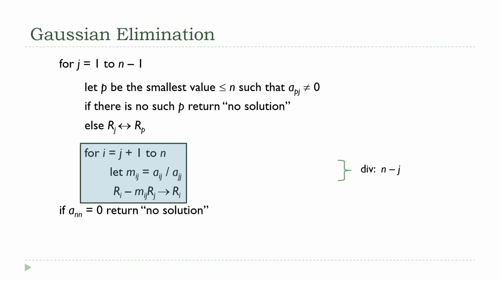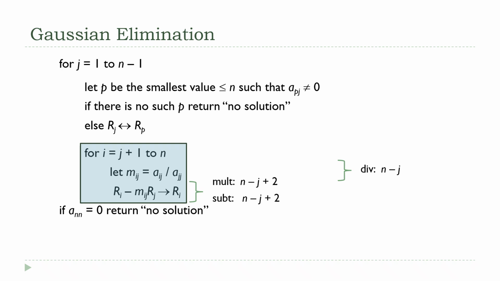There's a lot of calculations condensed into that one expression. First, every element in the affected columns has to be multiplied by the multiplier. Since there are n minus j plus 2 columns to be processed, that means we'll need n minus j plus 2 multiplications, and then an additional n minus j plus 2 subtractions to get the new values for all the elements in the jth row.